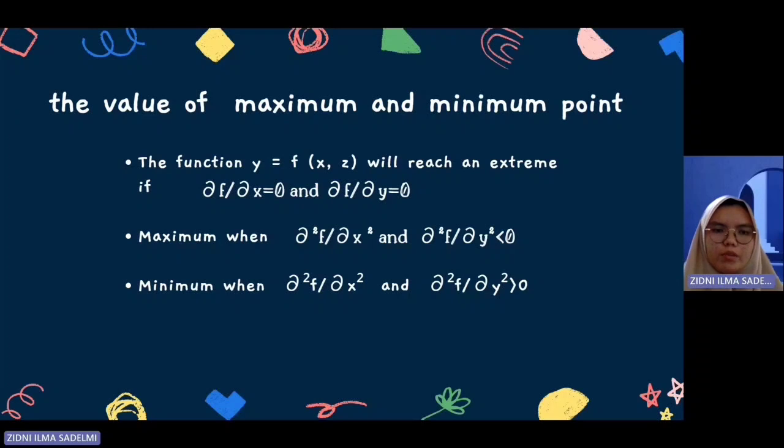And the point will be a maximum when ∂²f/∂x² and ∂²f/∂y² are smaller than 0, and a minimum when ∂²f/∂x² and ∂²f/∂y² are bigger than 0.